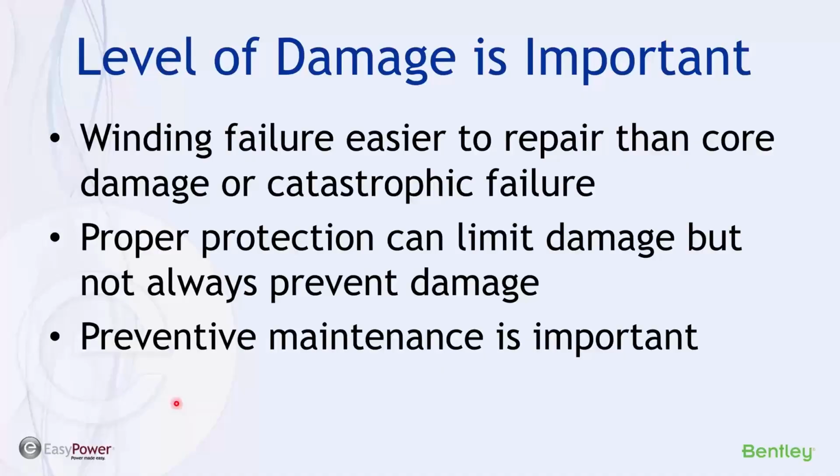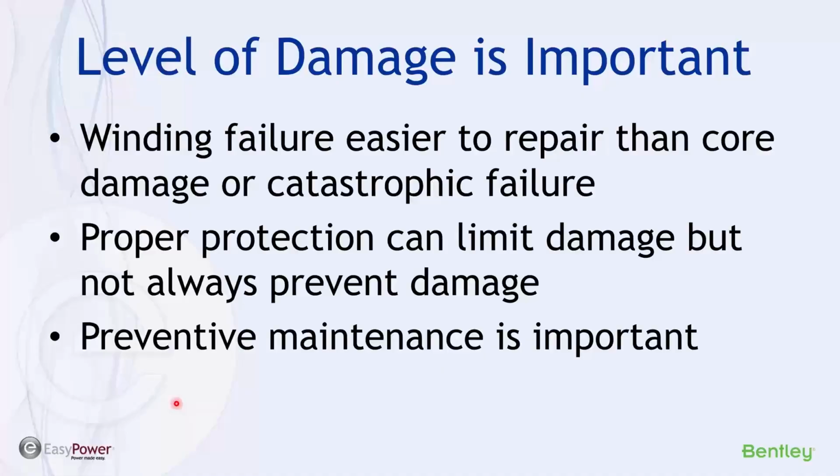The windings can be removed from the tank and repaired physically, rewired, as opposed to a core damage, which could be catastrophic or involving a fire. So proper protection can limit the damage, but not always prevent the damage.